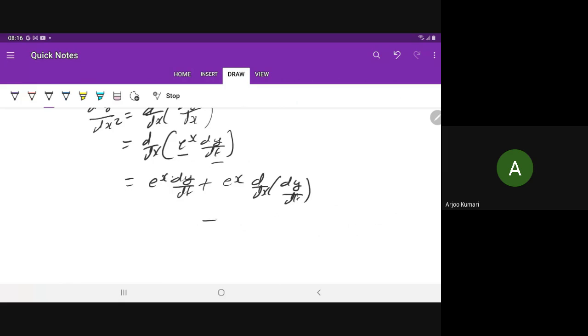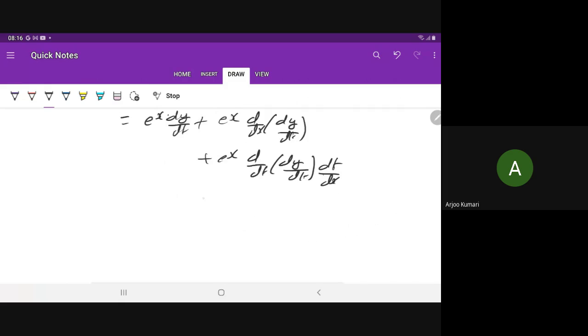This can be written as e to the power x, d by dt of dy by dt, times dt by dx. So this becomes plus e to the power x, d2y upon dt2, and it is e to the power x. Here we have e to the power x dy by dt, and this is d2y upon dx2.